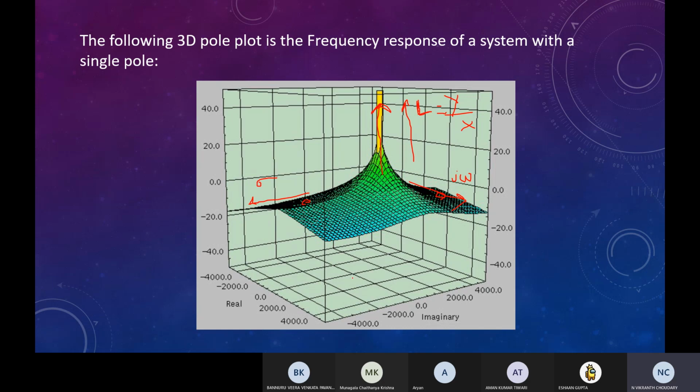So this is how a 3D representation of a transfer function with a single pole looks. Here the transfer function reaches infinity only once. That's why this is a single pole system, or first order system.